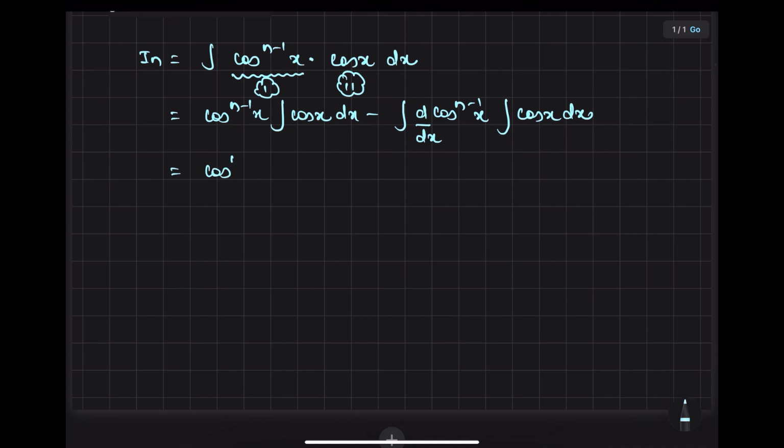So cos power n minus 1 x, what is the integration of cos x? It is sin x, minus, what is the differentiation of cos power n minus 1? It is n minus 1 cos power n minus 1 minus 1, so it will become n minus 2. This is the differentiation of the power. Now we will differentiate cos.